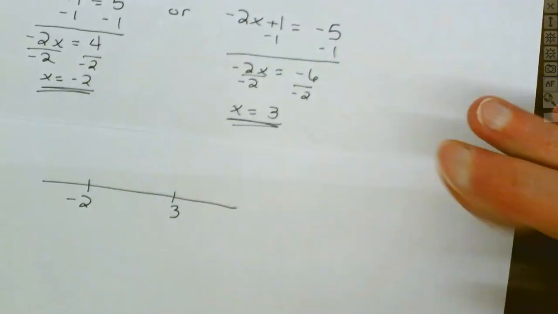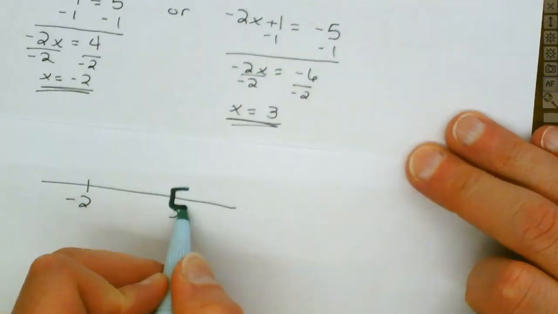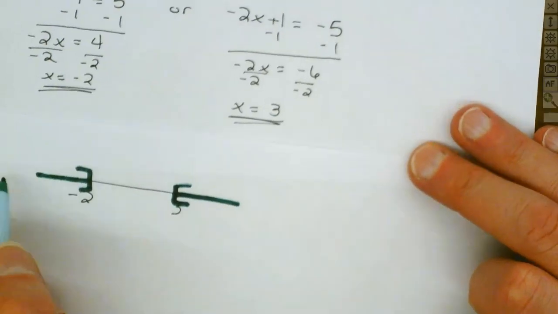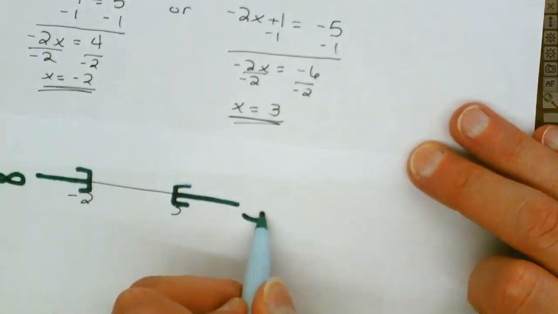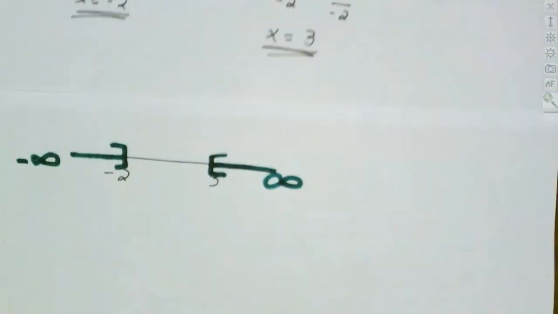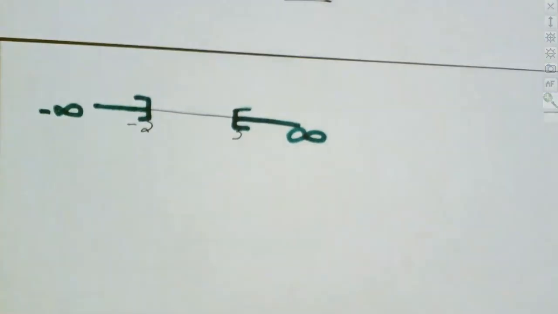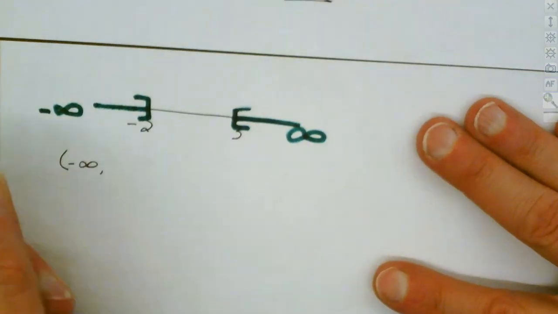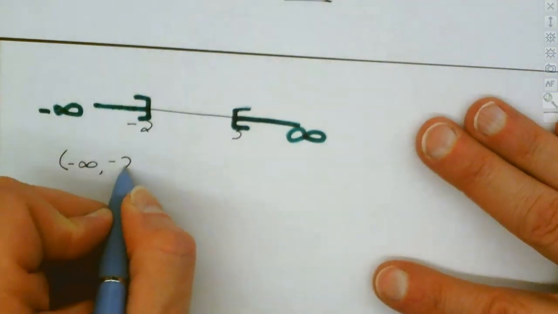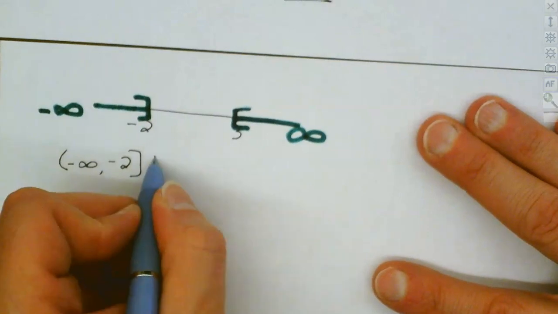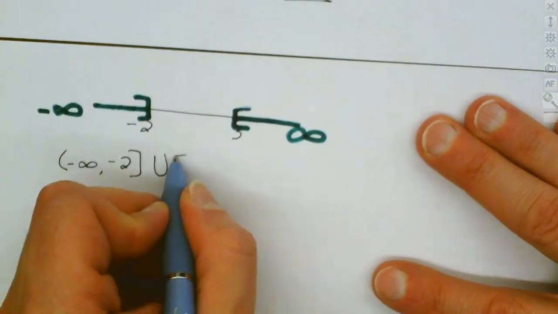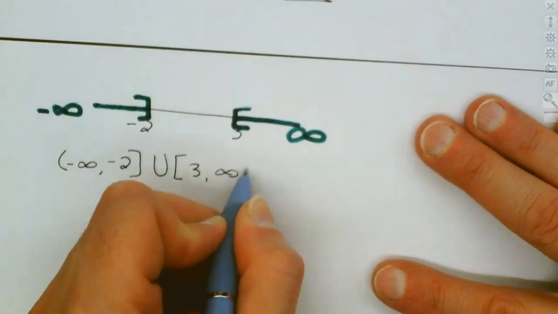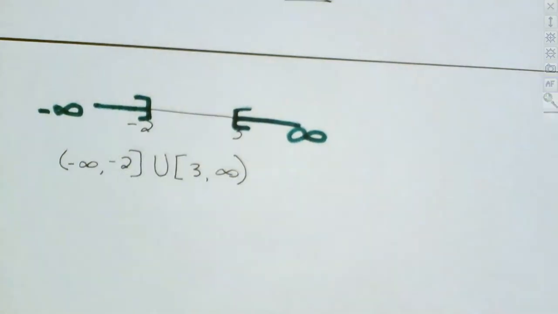It points to the right, so we shade outward, negative infinity to positive infinity. That now is negative infinity to negative 2 with the square bracket. We use a U for union. We need now a positive 3 to infinity.